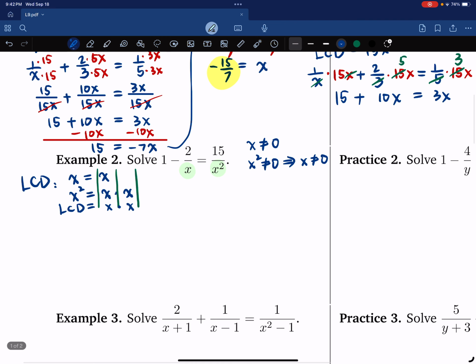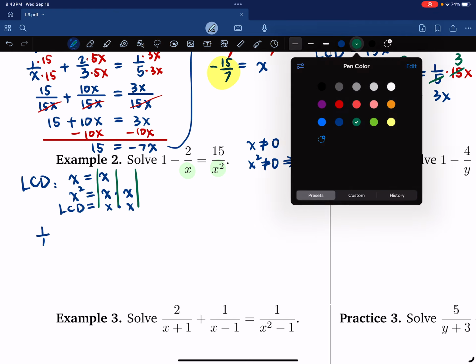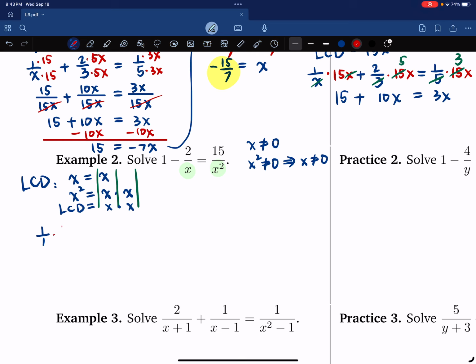And then I'm going to convert everything in my equation to the common denominator. So for the first one, it's just 1 or 1 over 1. We need to multiply both the top and the bottom by x squared, because that is the LCD. And then the second one is negative 2 over x.